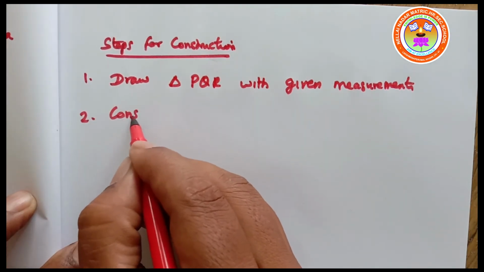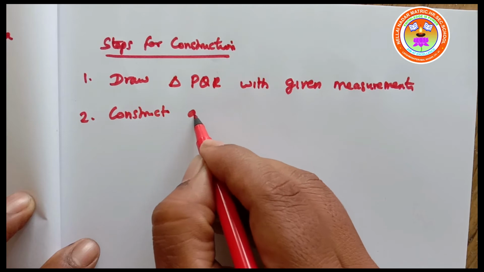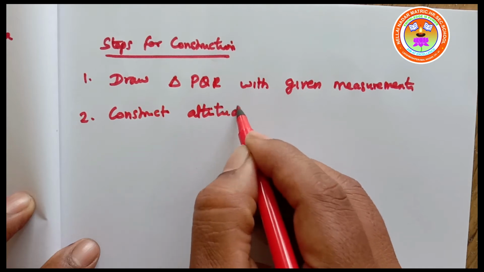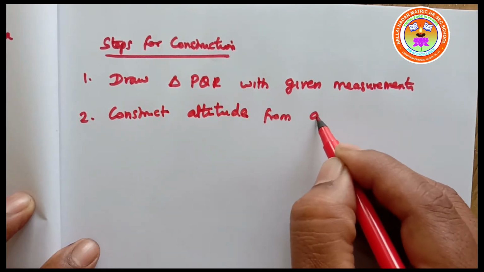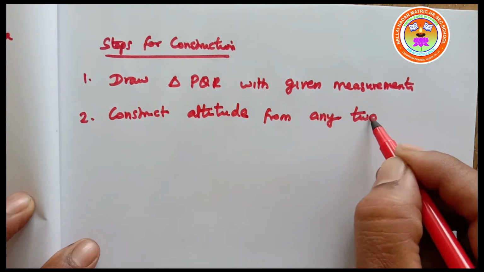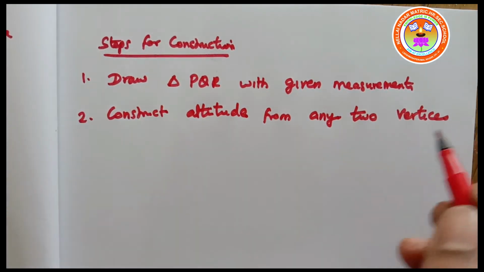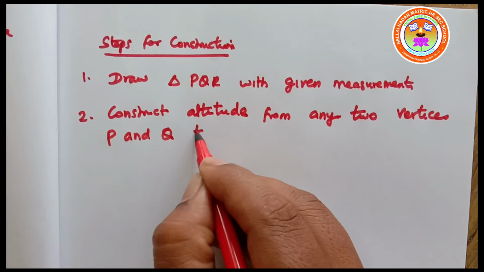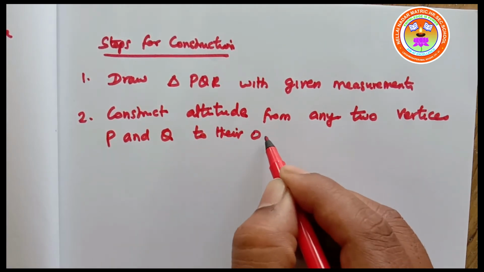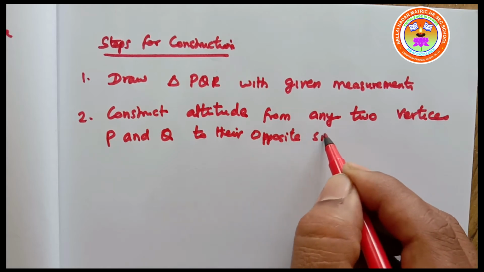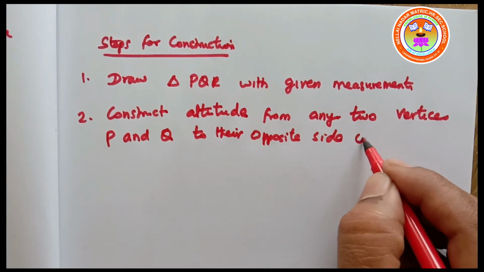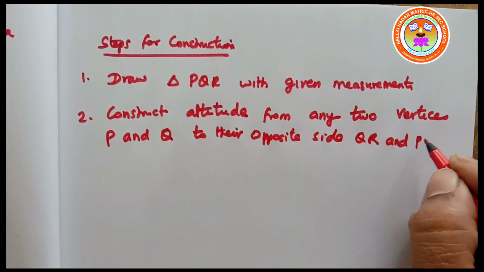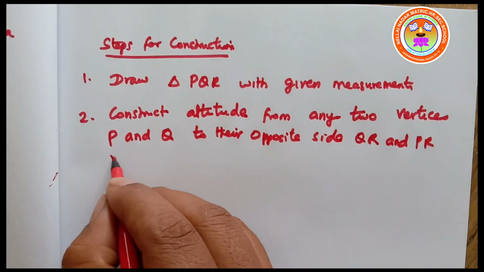Construct altitude from any two vertices P and Q to the opposite sides QR and PR respectively.